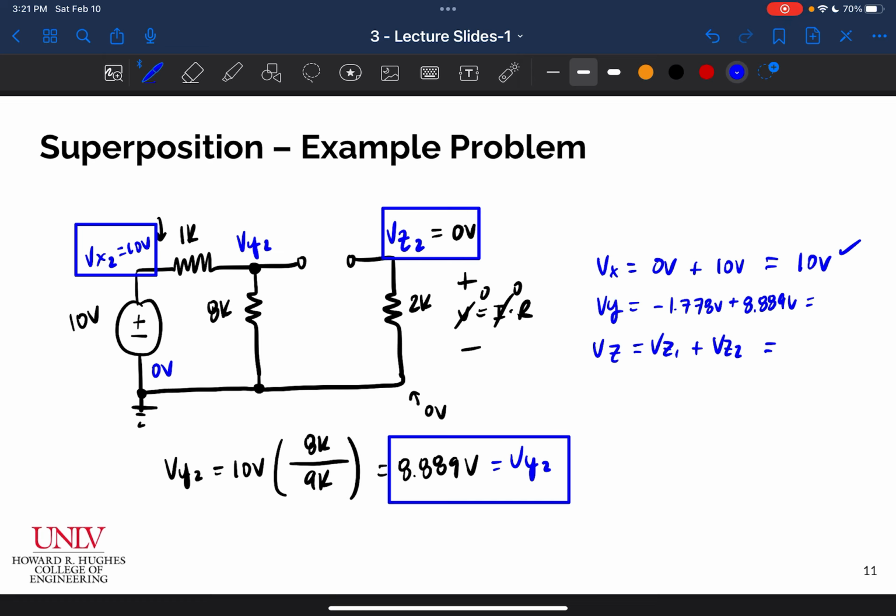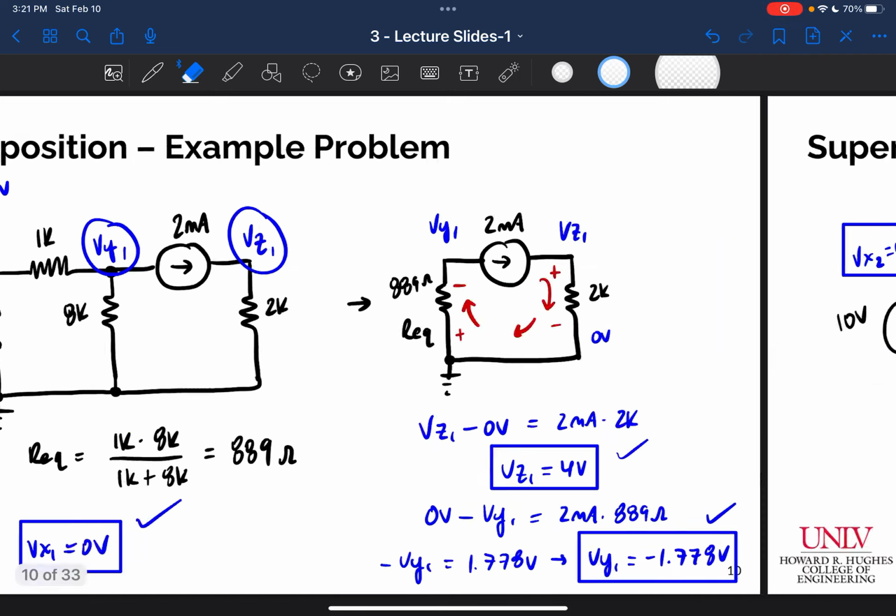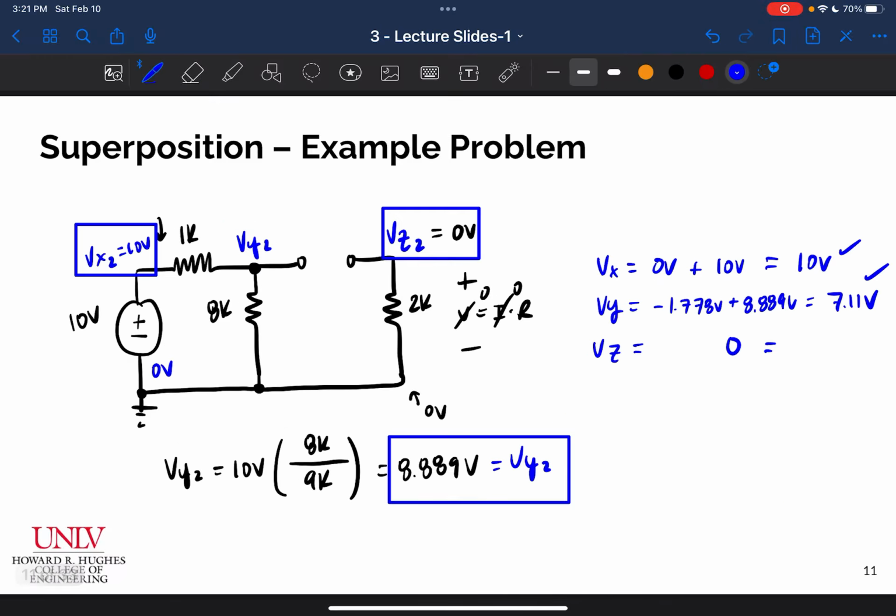And I get 7.11 volts for VY. So we'll check that one off. We're done with VY. And for VZ, we've got 0 for the second case. So that's going to be 0. And VZ1 was 4 volts. So that means that VZ is equal to 4 volts.